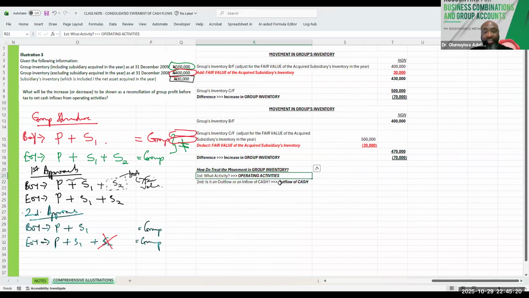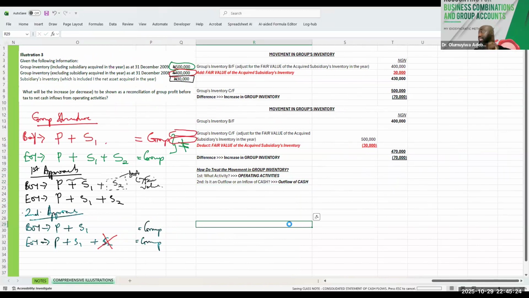Therefore, operating activities and outflow of what? Of cash. Any question on this? Any question on this?